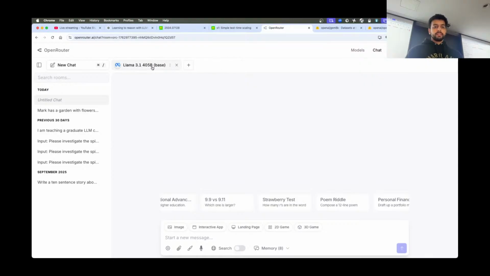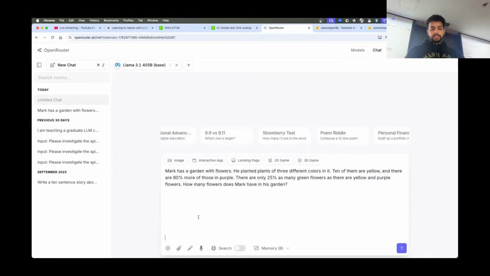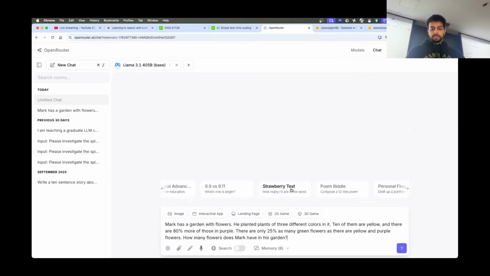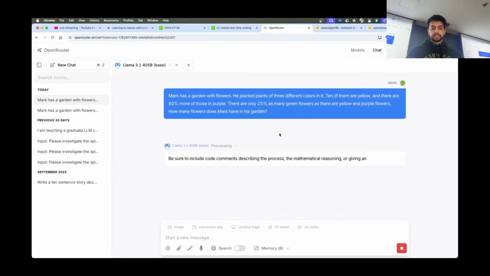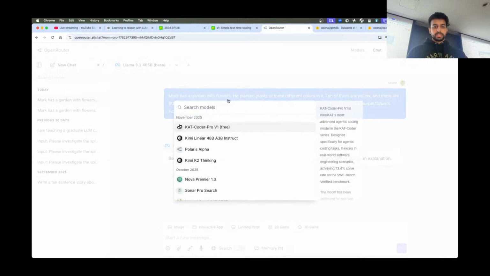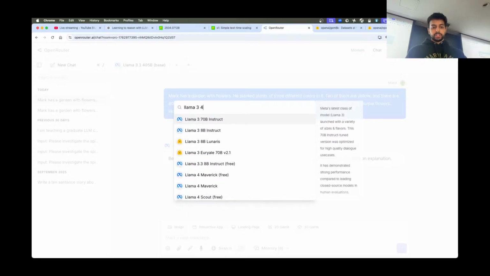It doesn't have any instruction tuning or RL applied to it. If I paste in this question, it does not answer this at all. So that's not great.